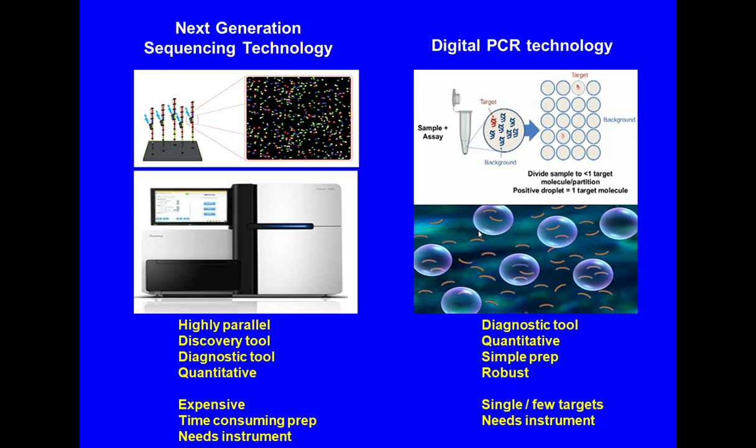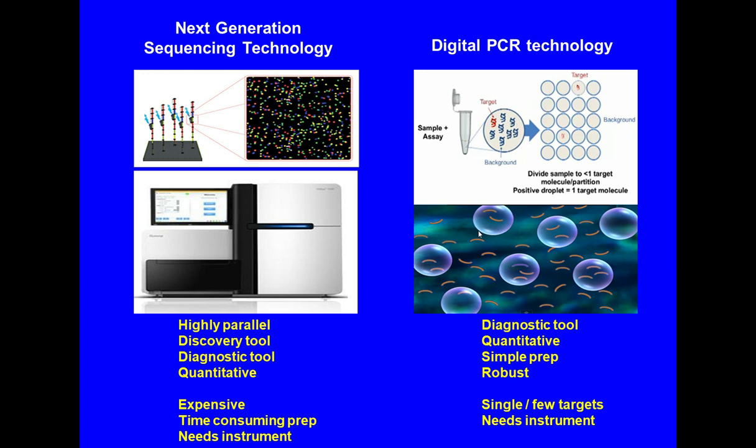It's still not going to be a cheap technology like real-time PCR, for example, or digital PCR, and it still takes time to analyze the results, and you need an instrument or a core facility to perform that for you. On the other hand, digital PCR is wonderful from the point of view of absolute quantification. It is very reliable, but it can only do one or a few targets at a time. And again, you need an instrument.